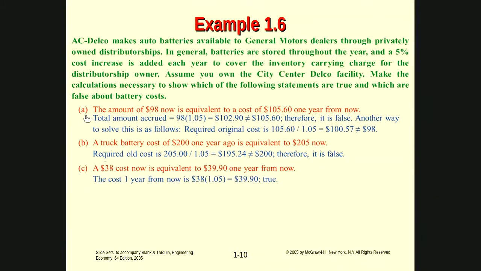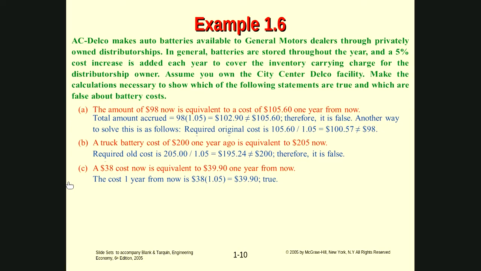And he's giving you 3 statements, يعني 3 scenarios or 3 جمل. Considering the given information, is each statement correct or wrong?